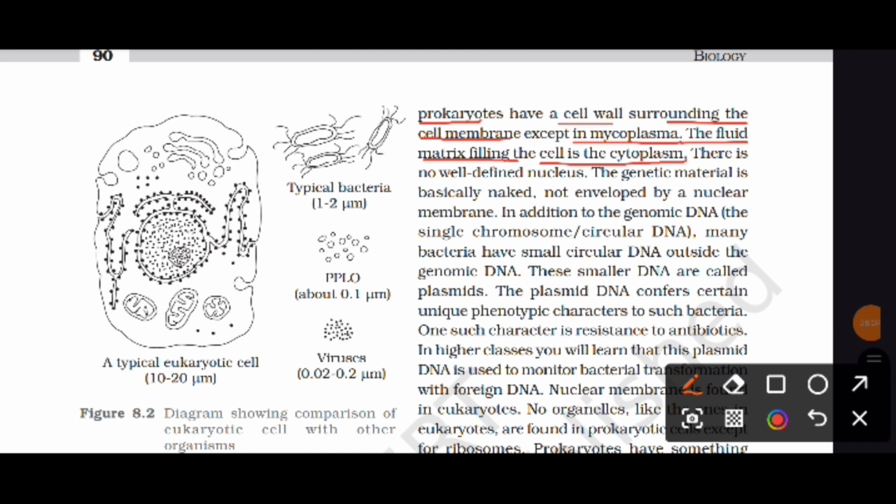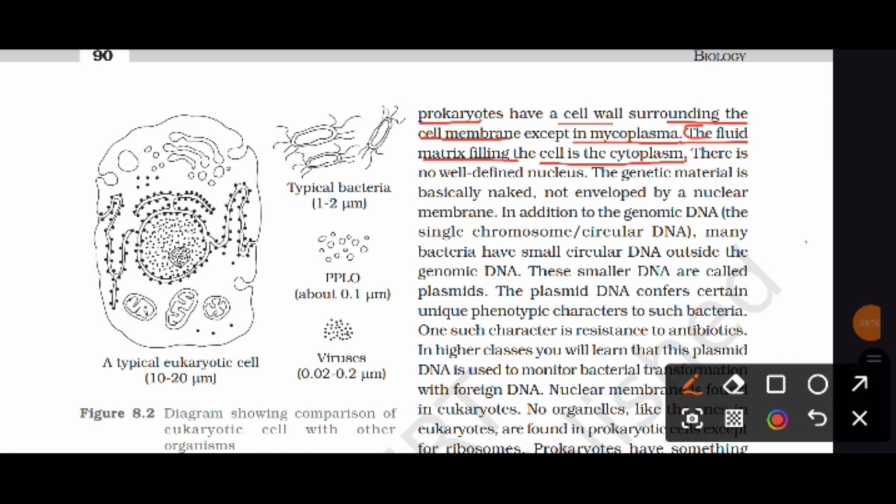But in prokaryotes, since there is no other cell organelle except ribosomes, most of the cytoplasm is empty, that is, it is fluid in nature, mostly water. Hope I'm getting clear here. In eukaryotes the cytoplasm is semi-fluid, while in prokaryotes it is a fluid matrix.